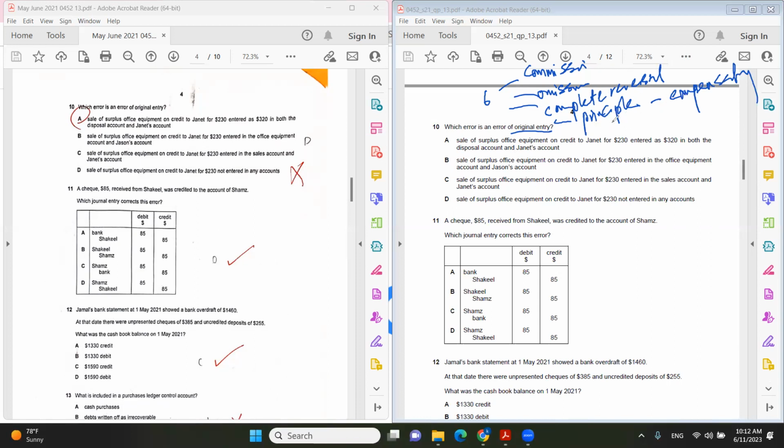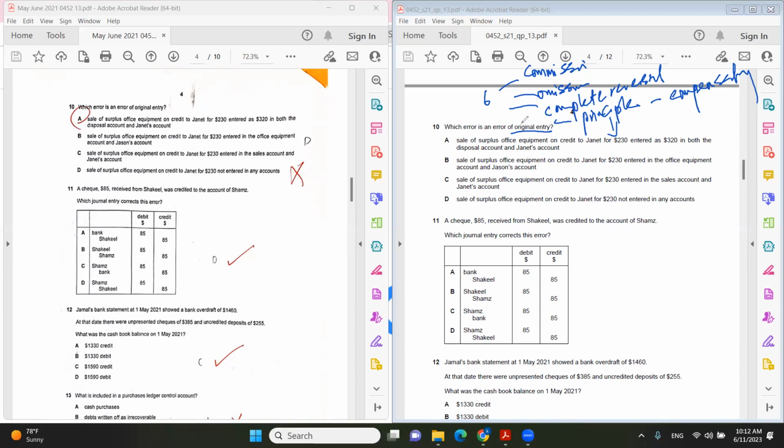Principle is when something supposed to be an expense is recorded under non-current assets. This is a wrong class, correct amount but wrong class. Compensating means there are at least two errors that offset each other, debit and credit, minimum 2 errors.